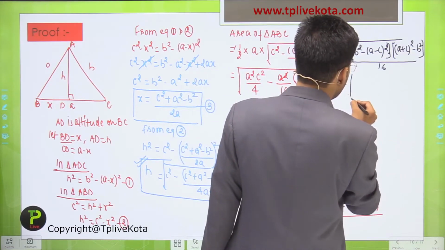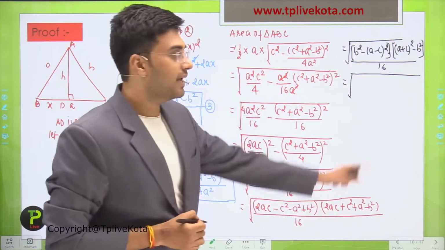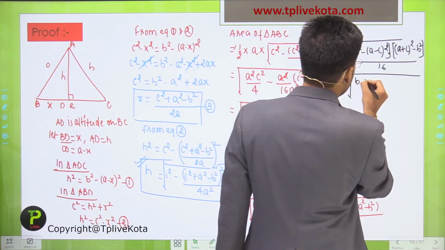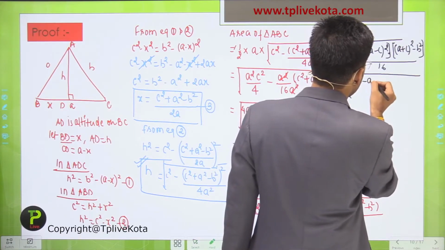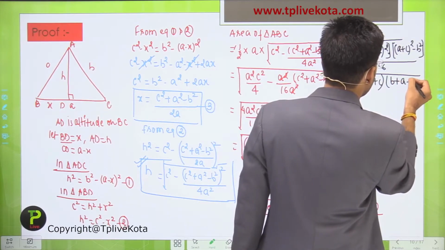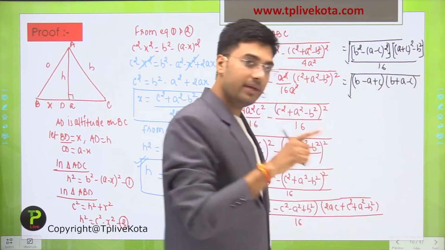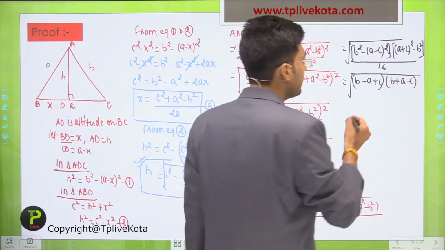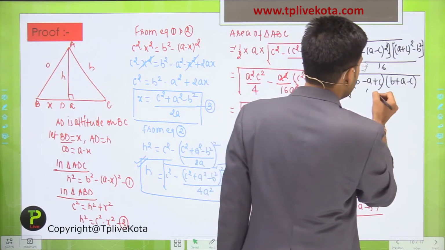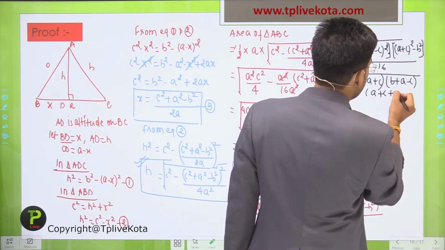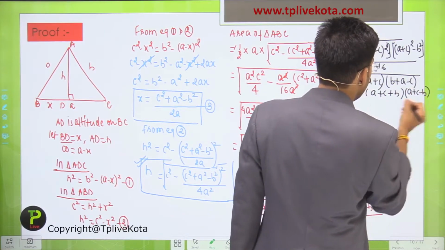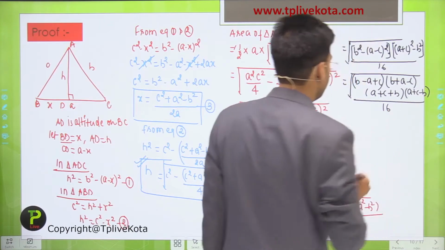So students, what will we get here? Now again, this is a square minus b square form. So we can write it as (b minus a plus c) and (b plus a minus c), and this is again a square minus b square, so we can write it as (a plus c plus b) and (a plus c minus b), divided by 16.